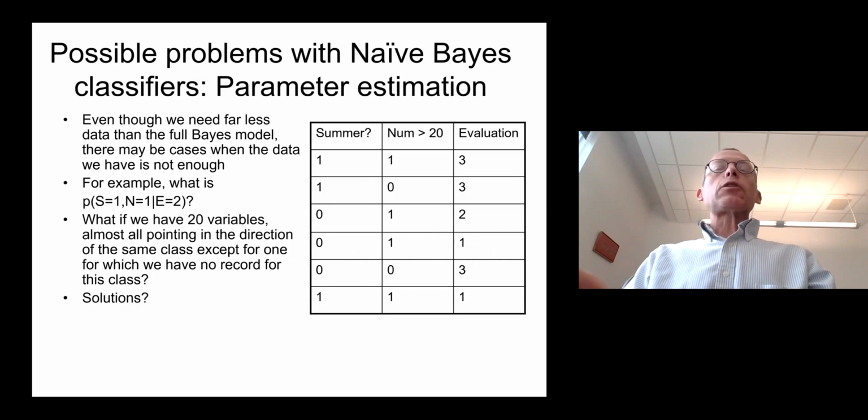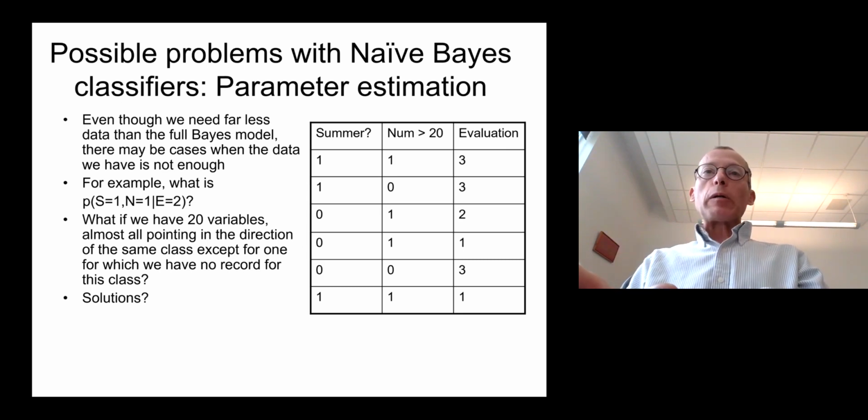The other thing is true for any maximum likelihood estimation problem, but certainly true for naive Bayes. And this is the issue of not enough samples to estimate parameters, right? So for example, in this case, I have this evaluation table, and I want to compute the probability of S equals 1, N equals 1 conditioned on evaluation being 2. Okay? So this is the second evaluation.